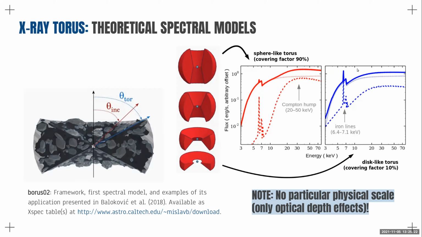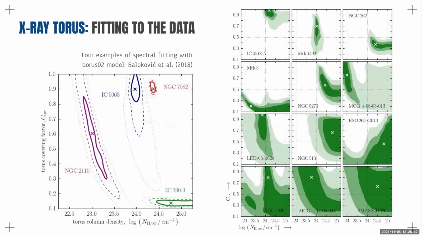And if in your data you can distinguish the red line from the blue line, all other things being the same, you have a handle on this parameter. However, it's important to note that there's no physical scale to these models. All this is an effect of optical depth. And so the question of scale and what this corresponds to is what motivated this talk.